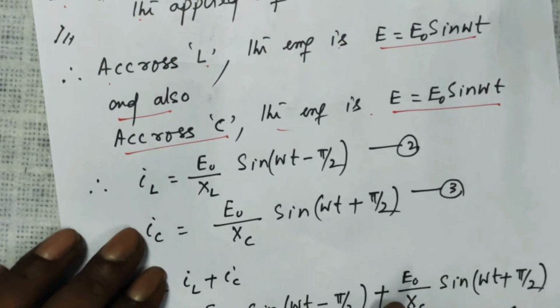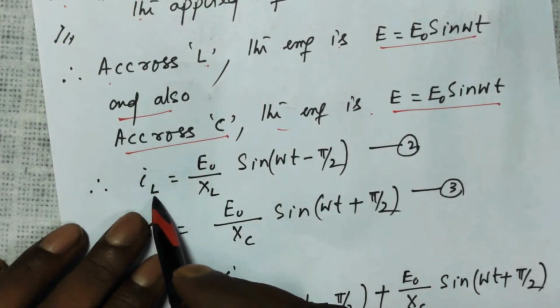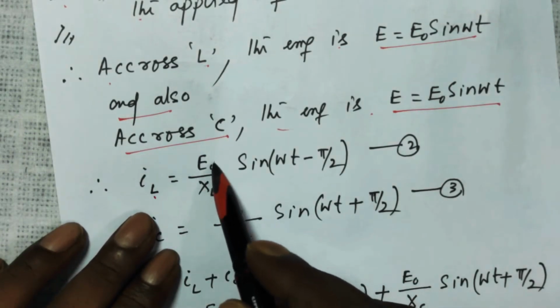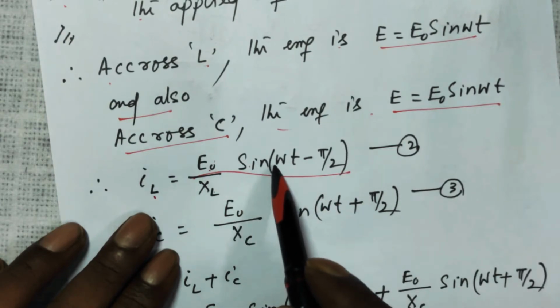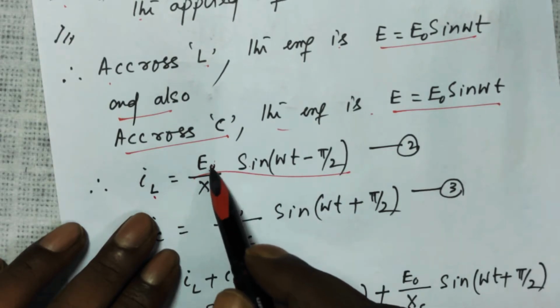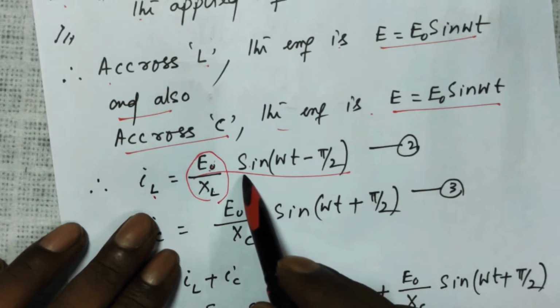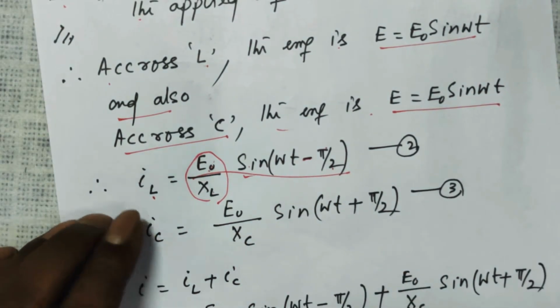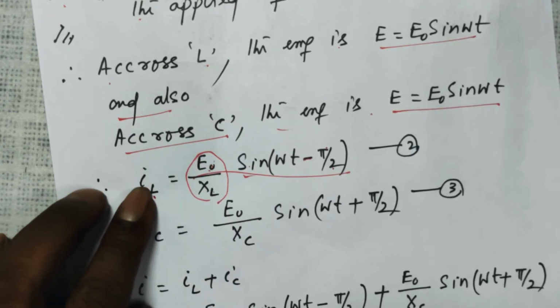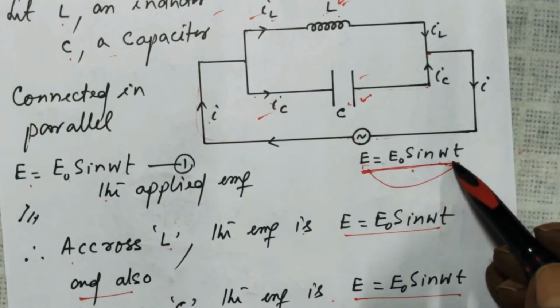So now look, your current through the inductor will be voltage by resistance, E naught by omega L, and this has to be sin of omega t minus pi by 2, because the current lags behind the EMF by pi by 2, which I had explained in previous videos.